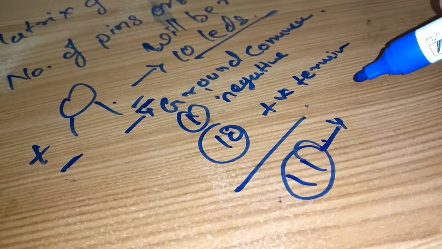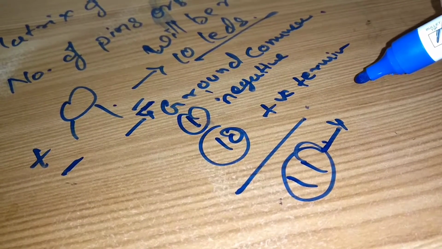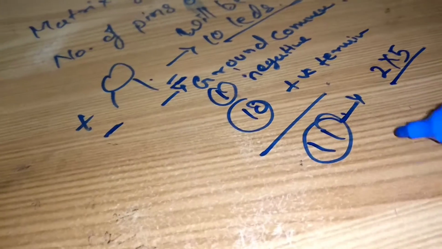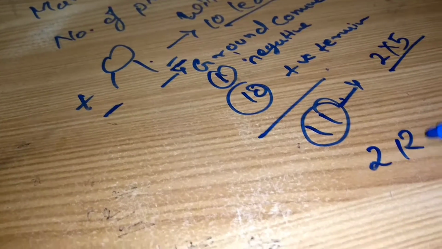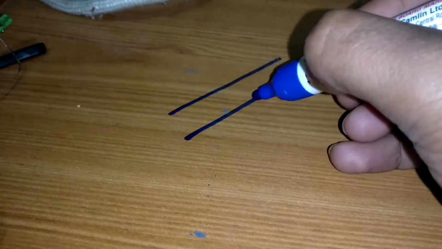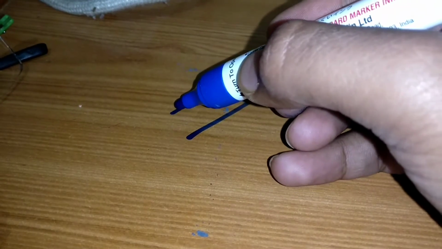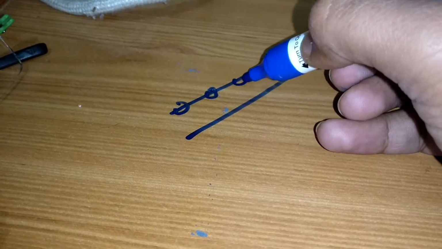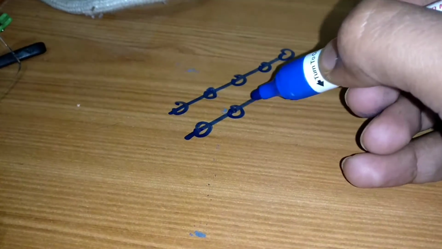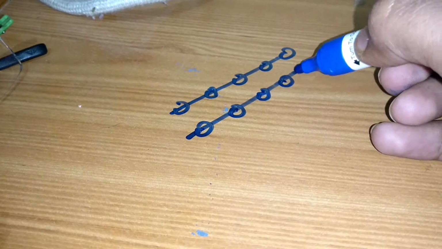If we are using 10 LEDs, we can join them in a 2 cross 5 manner, that is 2 rows and 5 columns, fine. So 2 rows, number of LEDs 1 2 3 4 5, 1 2 3 4 5.